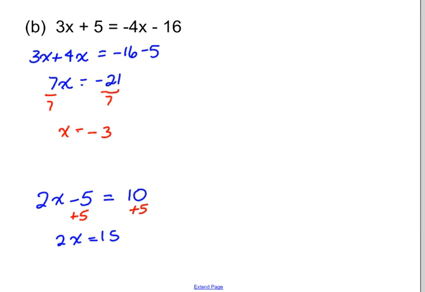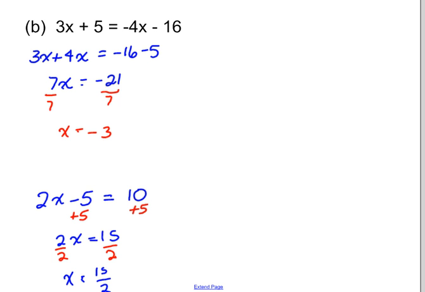Now, in this particular one, 2 doesn't go into 15 equally. What I don't want you to do is leave your answer as a decimal. So when this happens to you, I want you to leave your answer as a simplified fraction. So in this case, when you divide both sides by 2, you're going to realize that 2 does not go into 15 equally. So your final answer will simply be x equals 15 over 2. You're going to leave it as a fraction in simplest form.